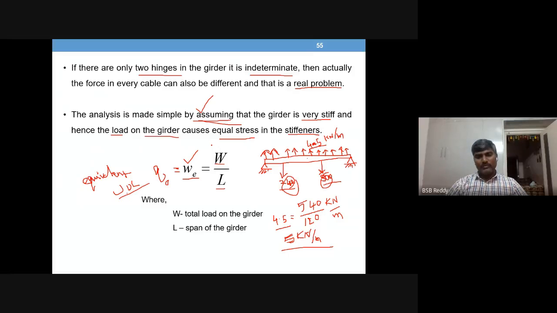So the equation is: W suffix E, the equivalent UDL, is equal to the total load on the girder divided by the total span of the girder.